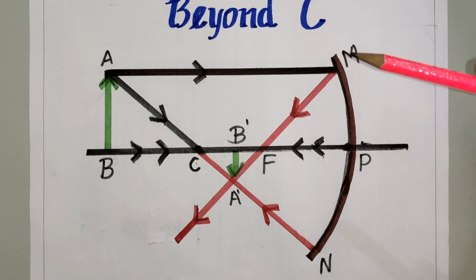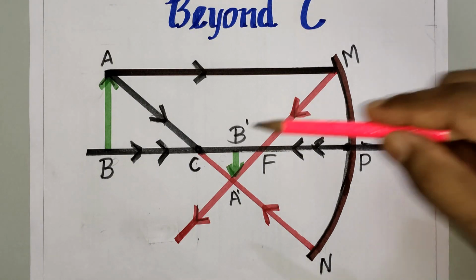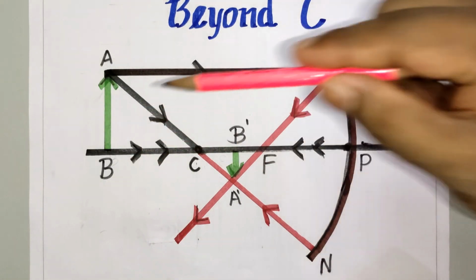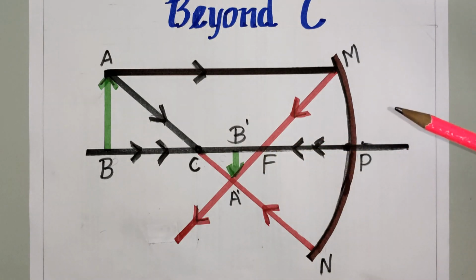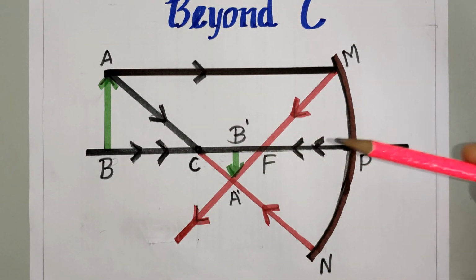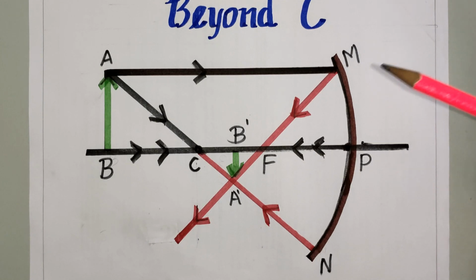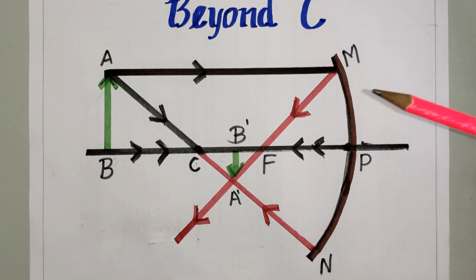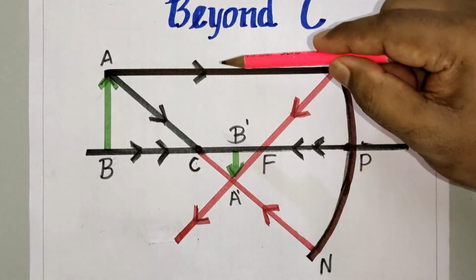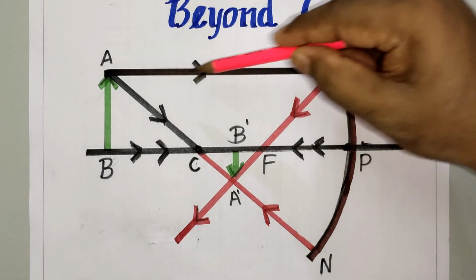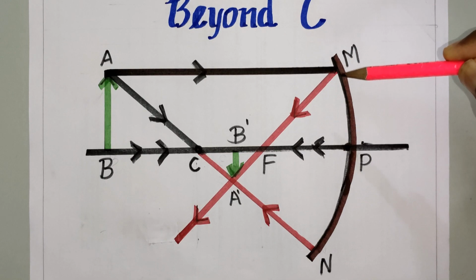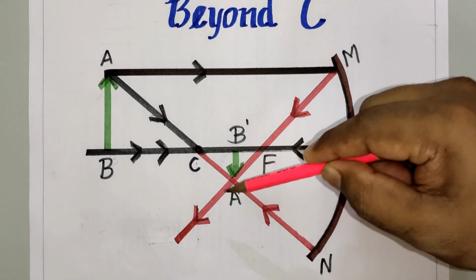The second position is beyond C. When we place the object beyond C, we will get the image between C and F. How? From the 4 rules, we may take any 2 rules. According to rule number 1, if the light rays from the object travel parallel to the principal axis, then they will reflect through focus.